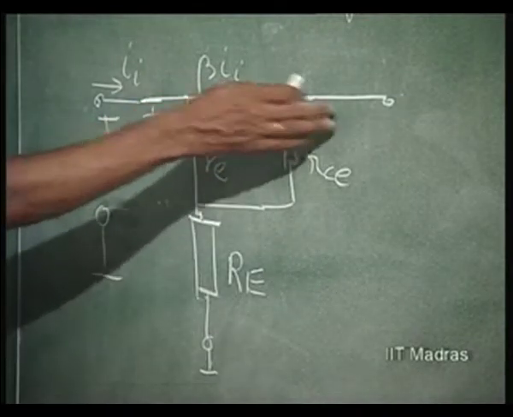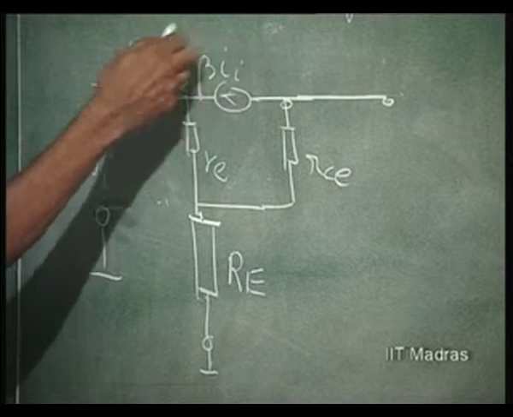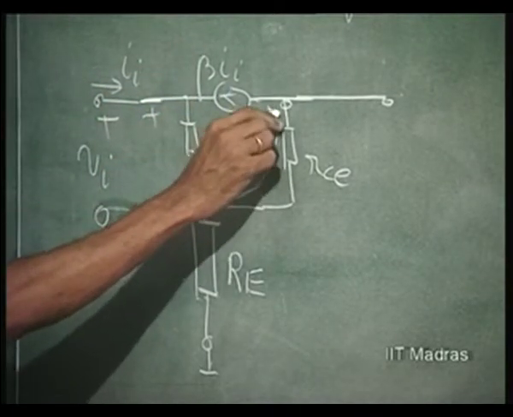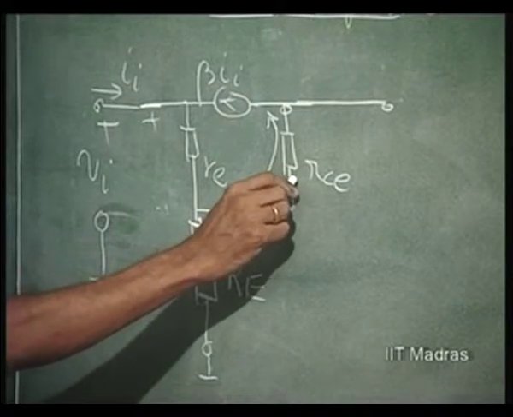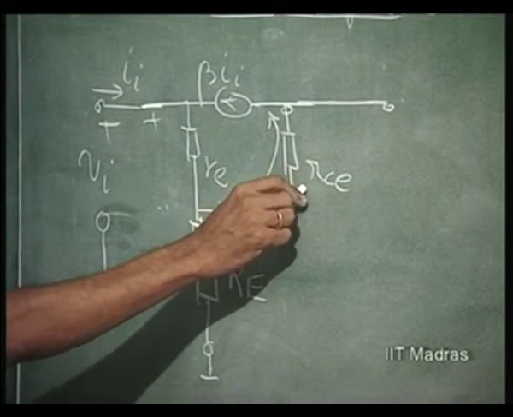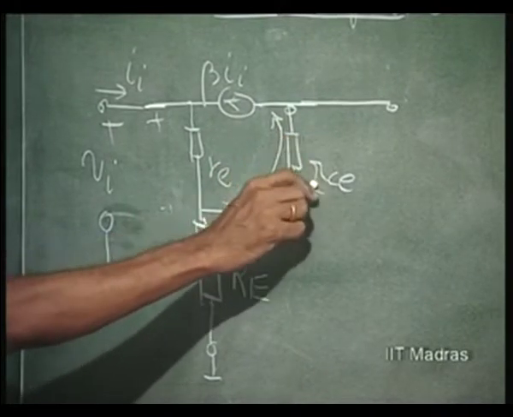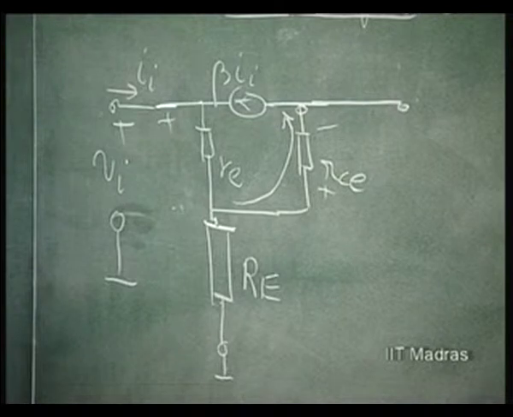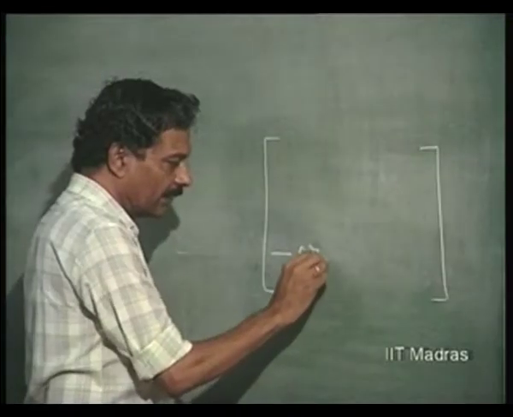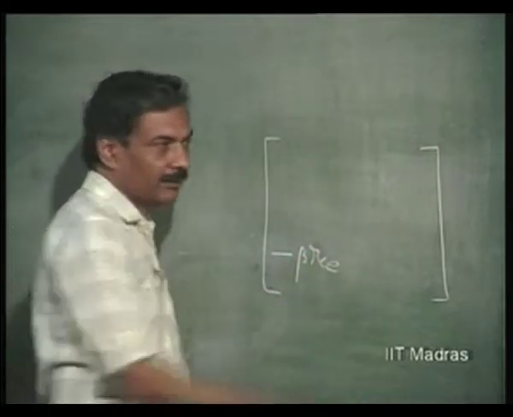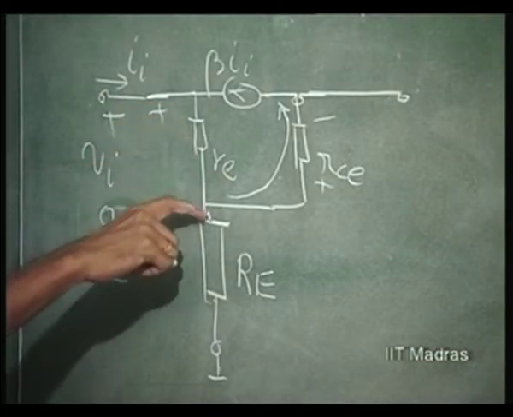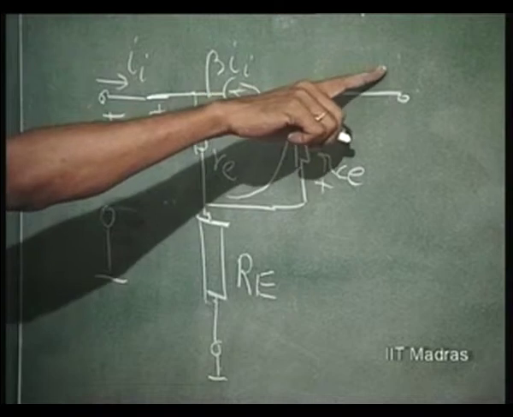So, when this is opened, if II is applied, beta times II will flow like this. It establishes a voltage here, beta times II times RCE, plus in this direction, minus in this direction. So, the open circuit voltage is minus beta times RCE times II, and since II is flowing here, this also should be II because this is open circuited.